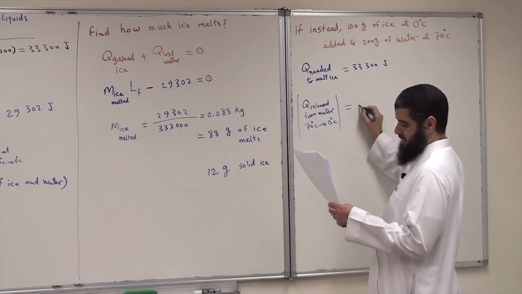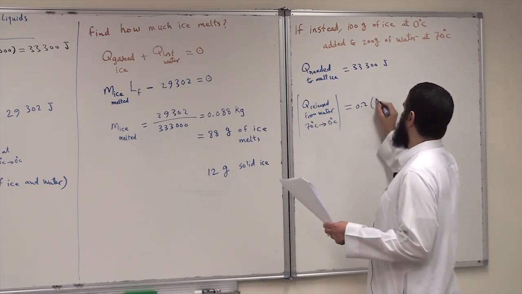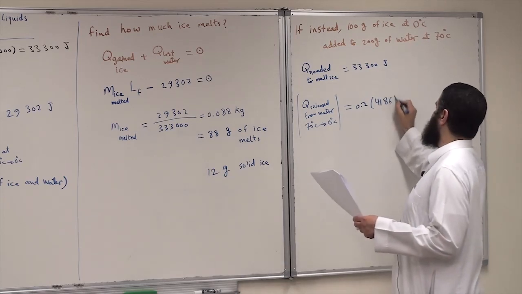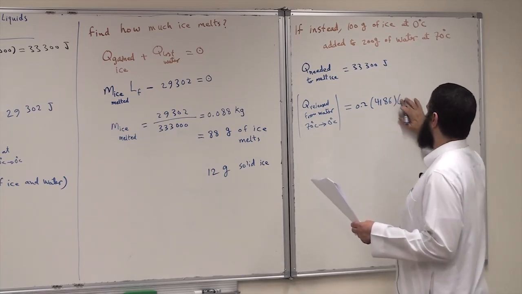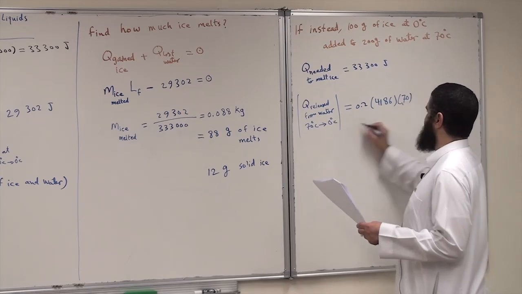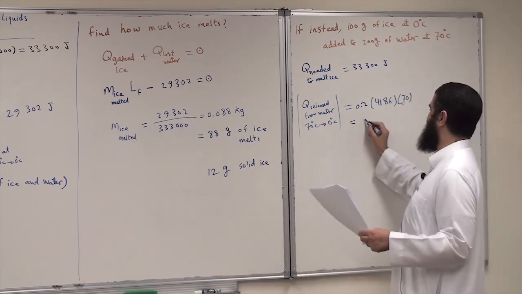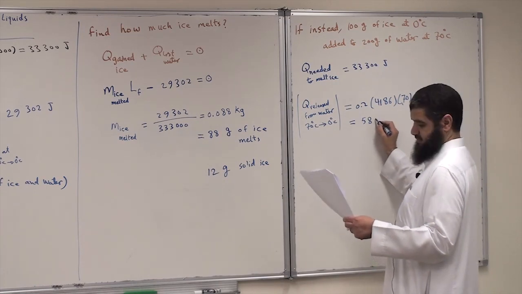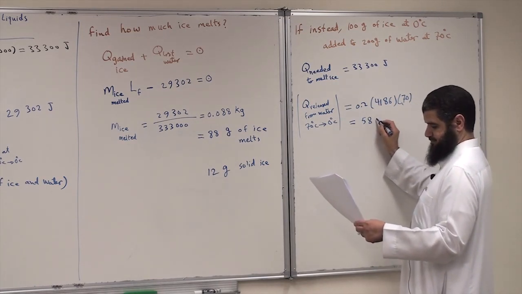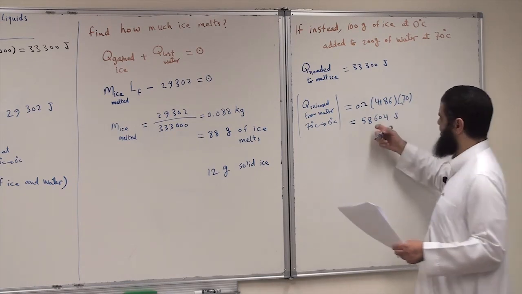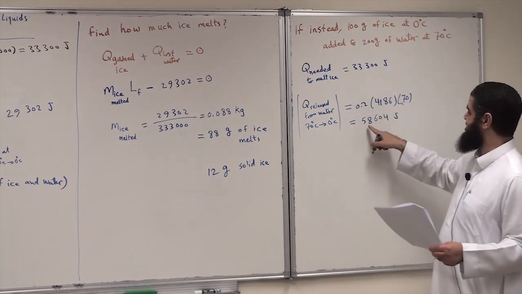If you calculate 0.2 times 4186 multiplied by 70, you will get double that amount of heat, which is 58,604 joules.